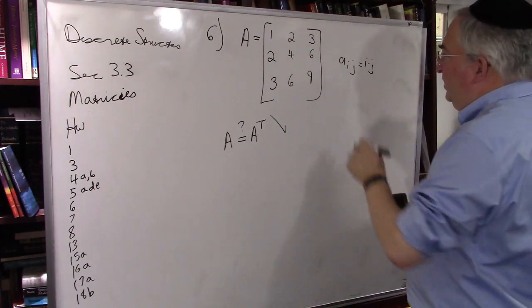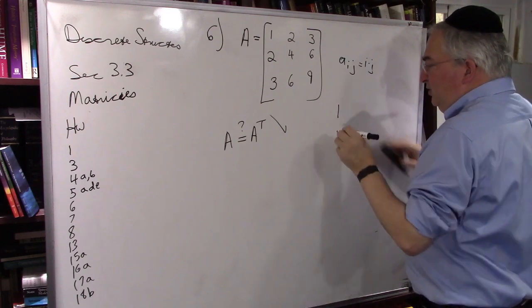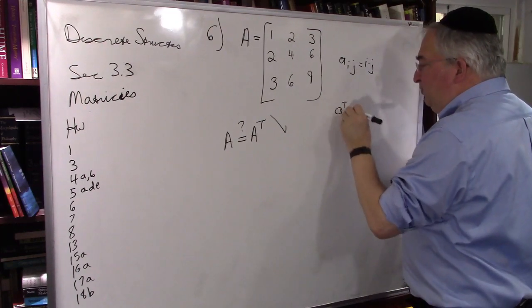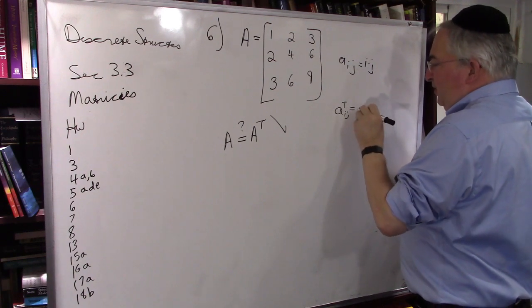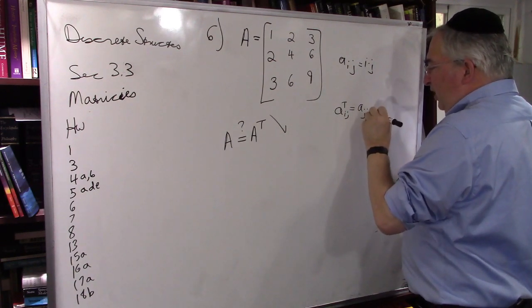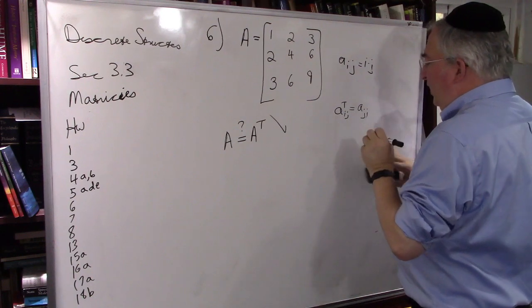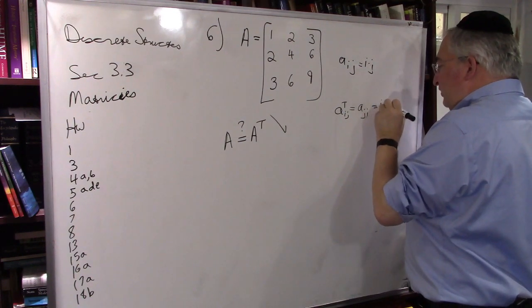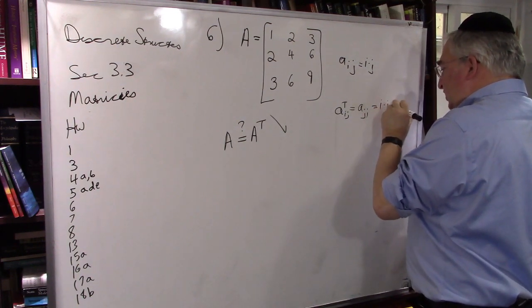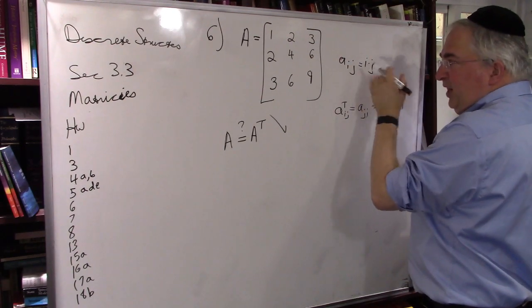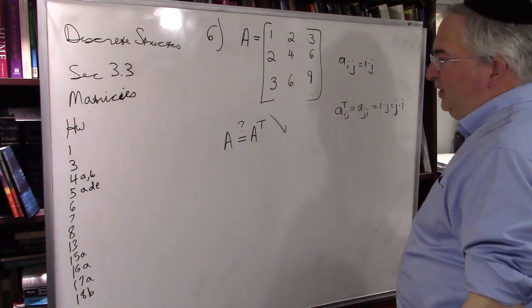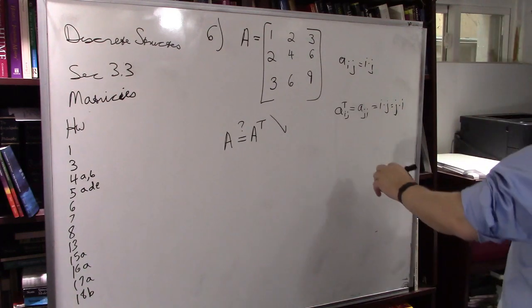But another way to see it is A transpose of Ij is A of Ji, and A of Ji is equal to I times j, which is equal to j times I. Multiplication is commutative, so that's why that's the same. So that answers C.